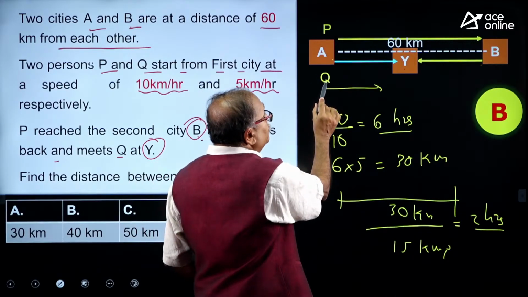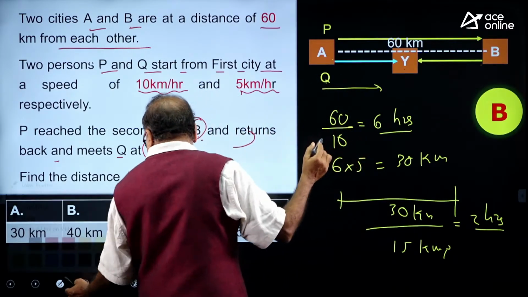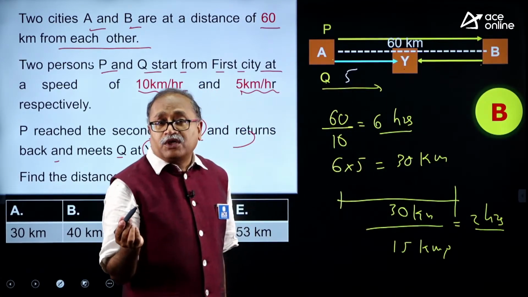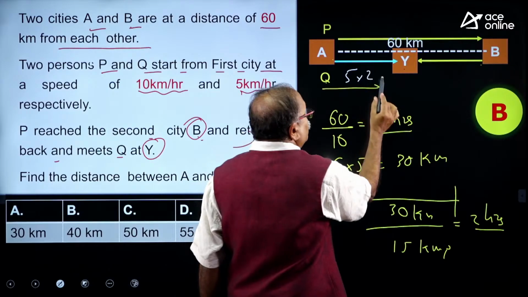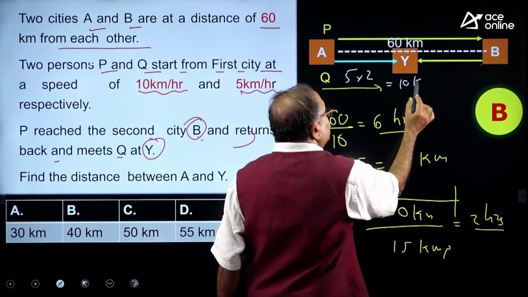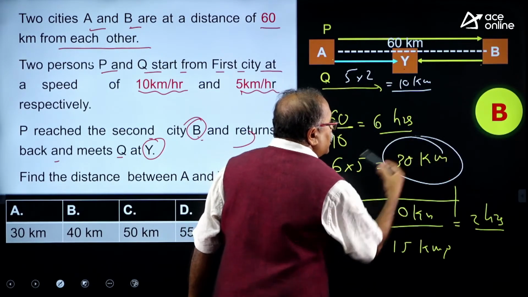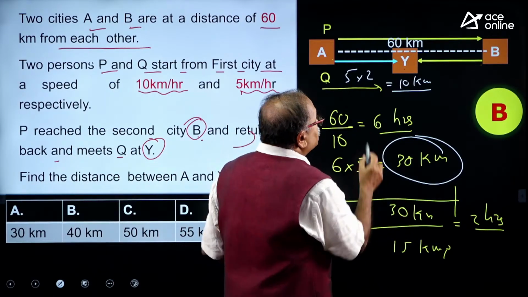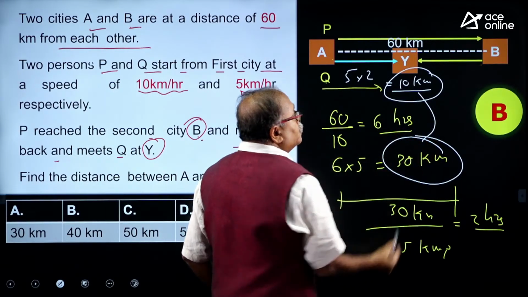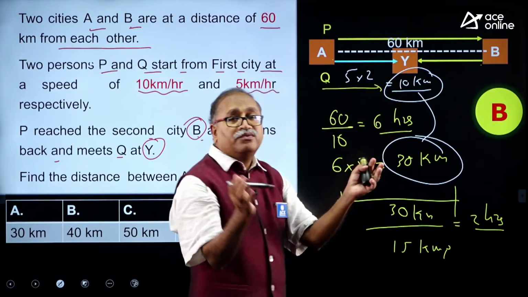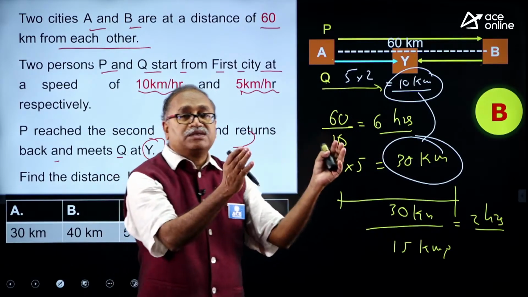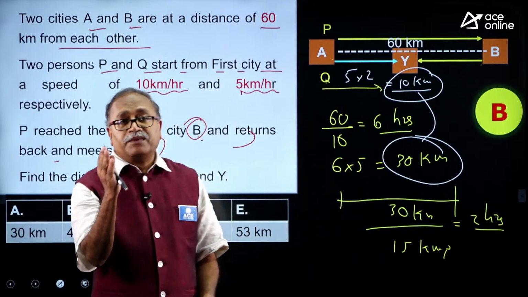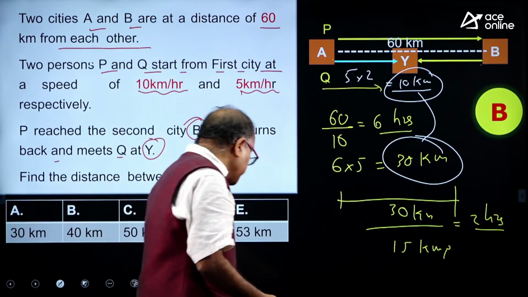Now, if Q travels for 2 hours further, then I know Q's speed is 5 km per hour, and in another 2 hours he travels 10 km. He already travelled 30 km in 6 hours, and in another 2 hours he travels another 10 km. The total distance from A to Y where they are meeting is 30 plus 10, 40 km. The distance from A to Y is 40 km.